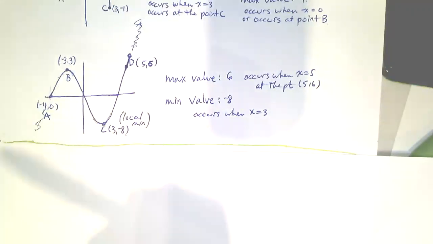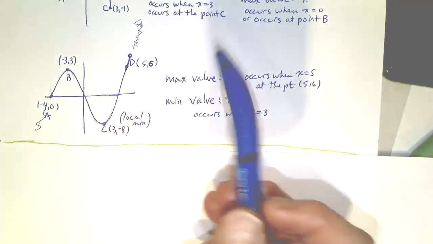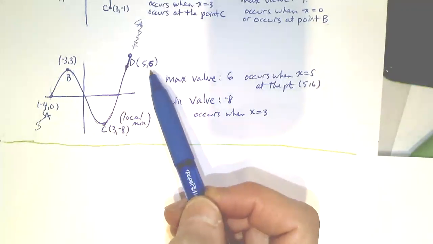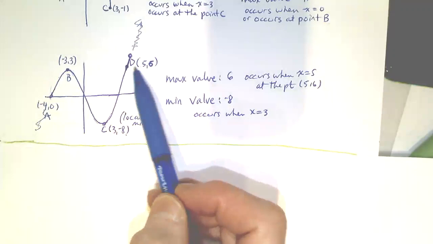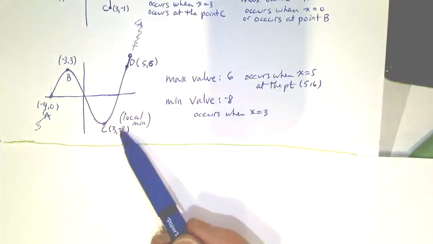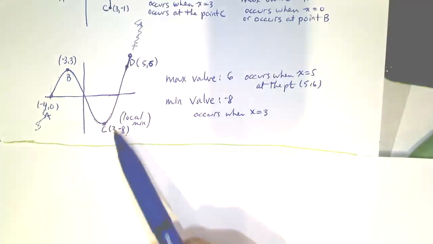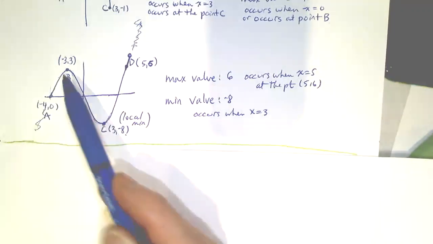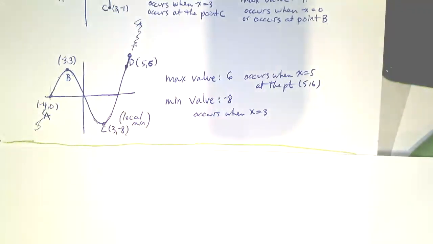But for this function, the absolute highest point of all occurs at D. The highest value we see is 6. So this is the absolute maximum point. This point occurs at the absolute minimum. Sometimes the local max or min turn out to be the absolute max or min, but not always.